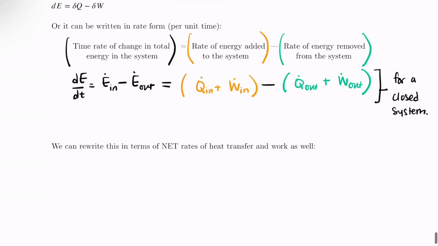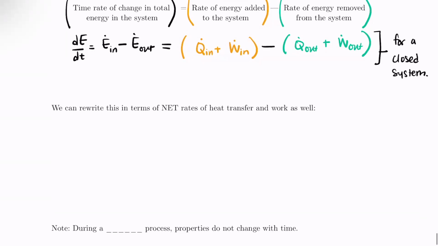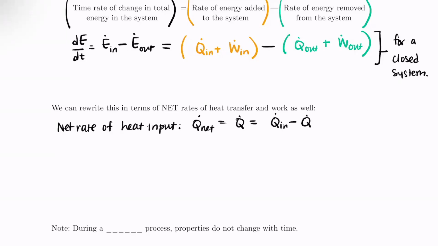We can write this as well in terms of net rates of heat transfer and work, just like we did before we added the rate element into this. So our net rate of heat input is Q dot net, which is Q dot in minus Q dot out.